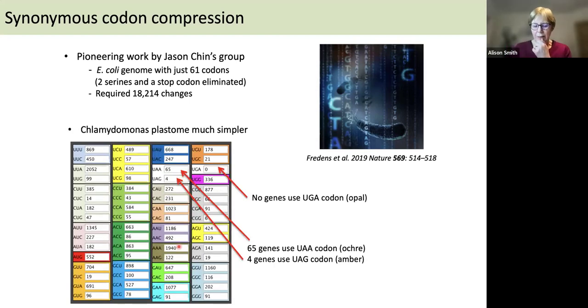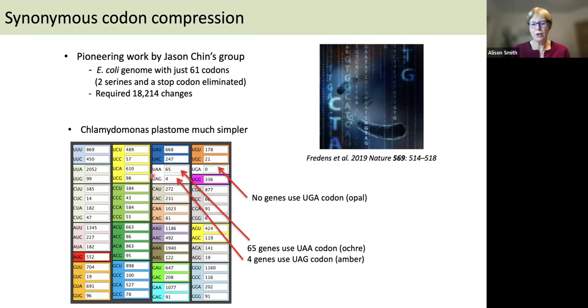The Chlamydomonas plastome now comes into its own because it's really so much simpler. So this is a codon usage table for the Chlamydomonas plastome. And you can see each one of these boxes is one set of 4 codons. And I'm just pointing out the stop codons.